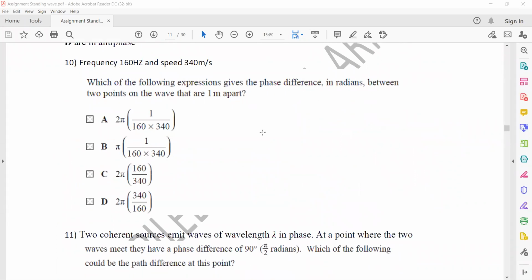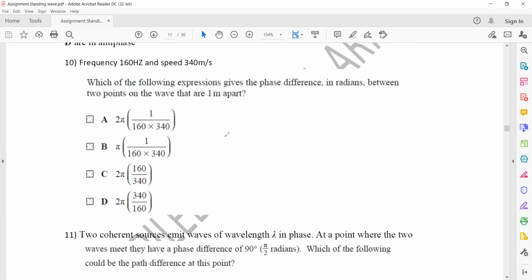Next, question 10. Which of the following expressions gives a phase difference in radians between 2 points on a wave which are 1 meter apart? The frequency is given and the speed is also given.